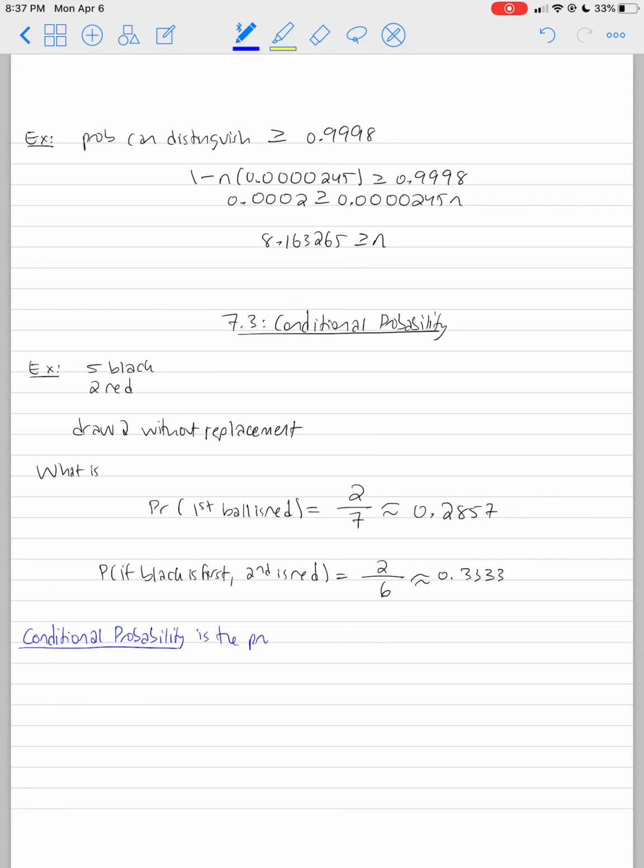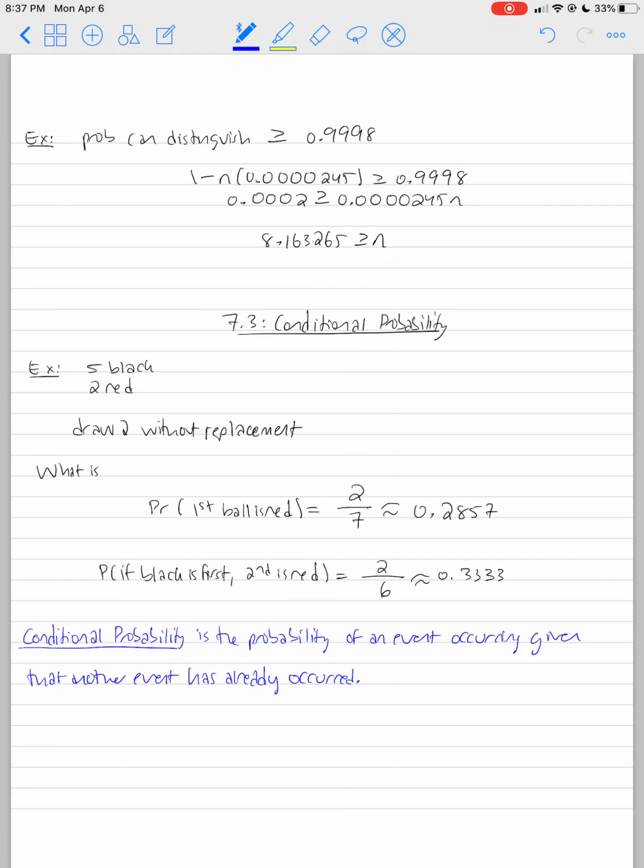This is the probability of an event occurring given that another event has already occurred.